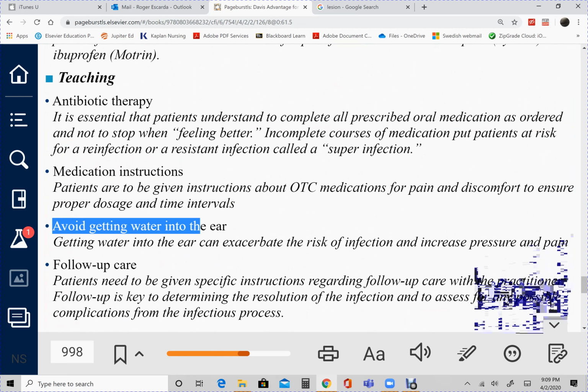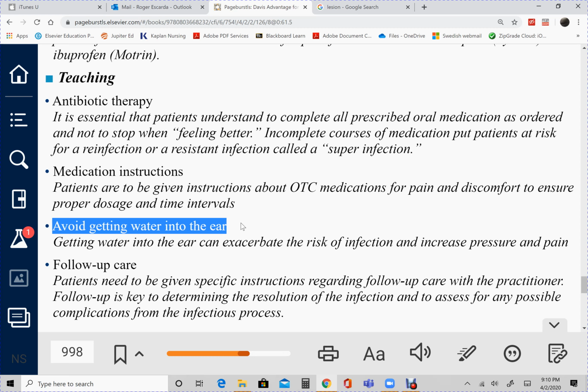We can't get the ear wet, plus there will be an earplug, which is usually a cotton ball that they put in the ear after surgery. The patient must not get the ear wet, so that would include no showers, because if you take a shower, of course that will get your ears wet, and definitely no swimming in the pool.